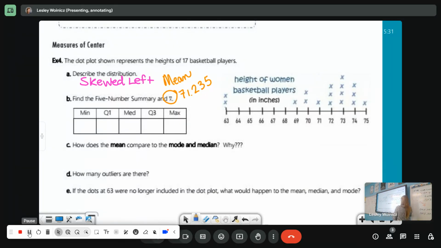If I scroll down, I can see that my min is 63. Quartile 1 is 70. My median is 72. Quartile 3 is 73.5. And my max is 75.